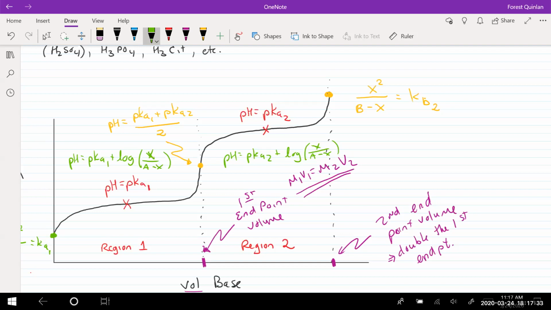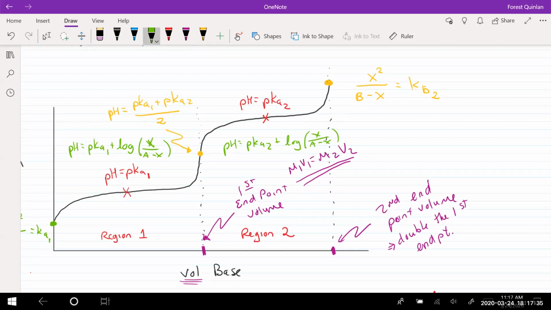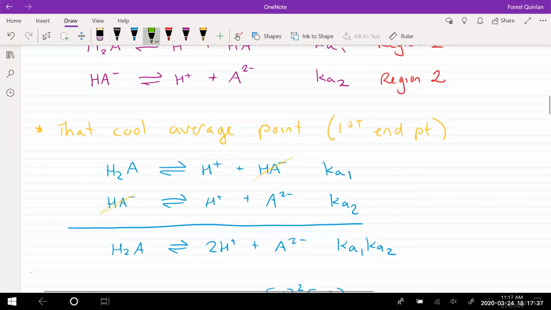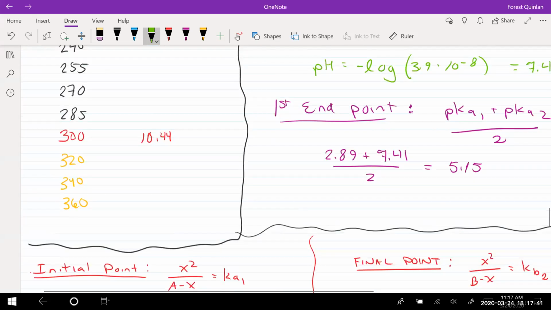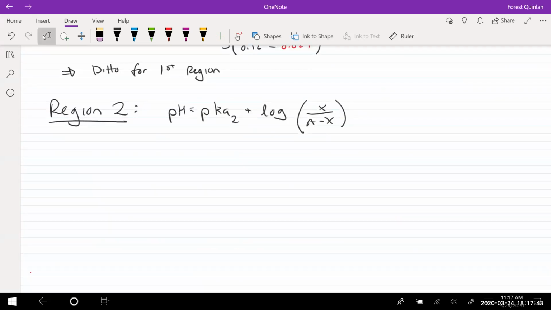So what is the end result of this? That means that as we get down here to region 2, our A and X values remain the same.